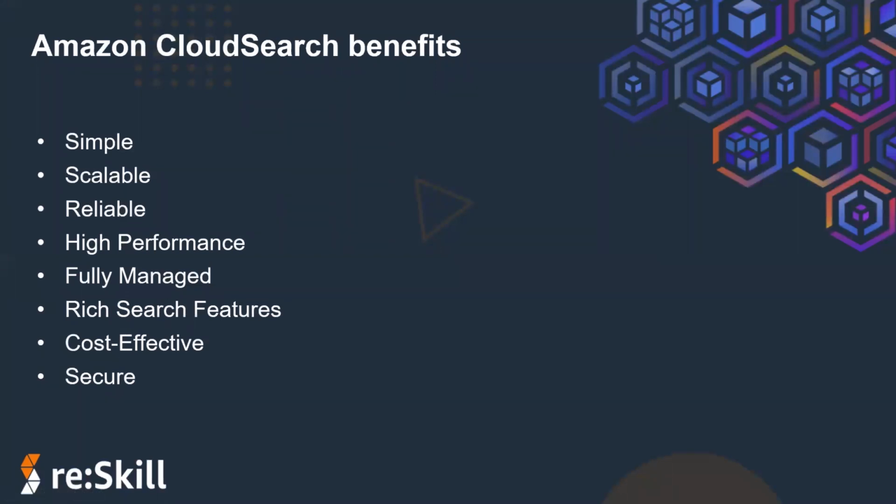These are all the Amazon CloudSearch benefits. Let me explain one by one. With Amazon CloudSearch, we can quickly add search capabilities to our website or application. And the first benefit is simple. We can configure and manage an Amazon CloudSearch domain through the AWS Management Console, AWS CLI, or AWS SDK.